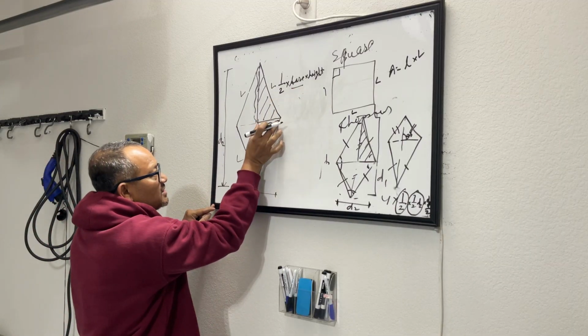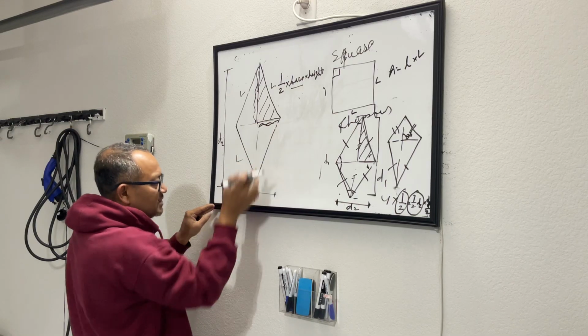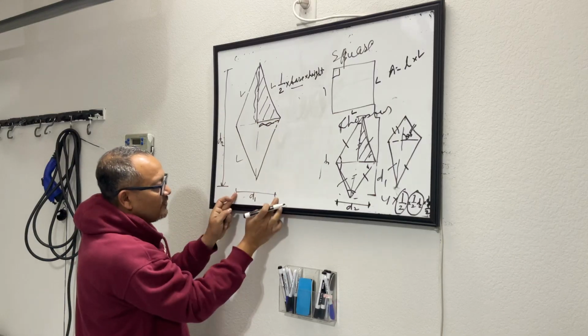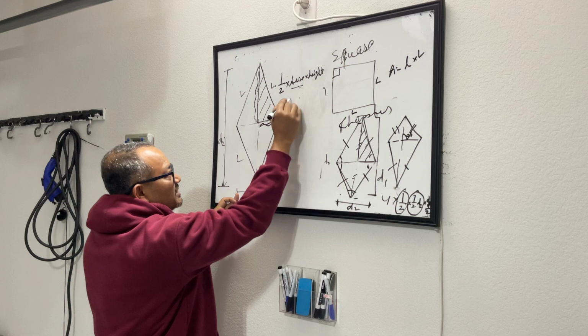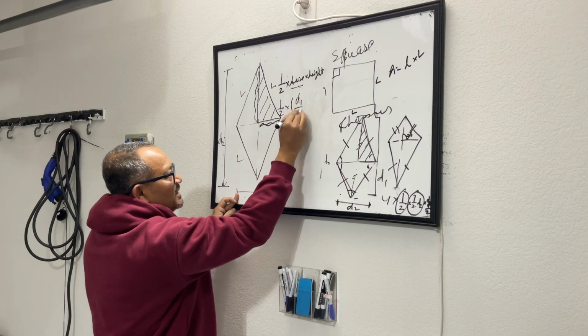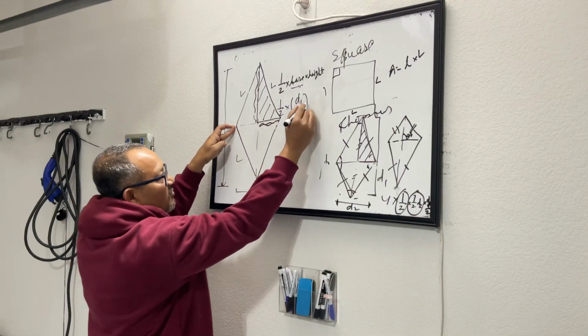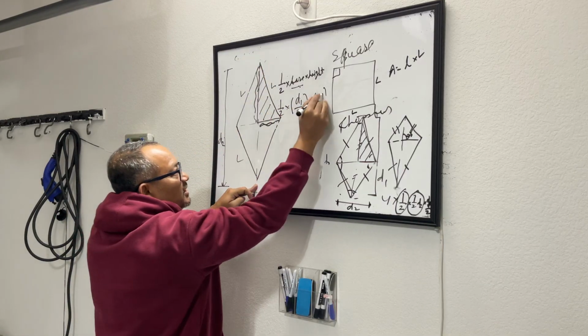How much is my base in terms of d1 and d2? Half of d1. This part is half of this whole length. What is my height here? This whole distance by 2, d2 by 2.